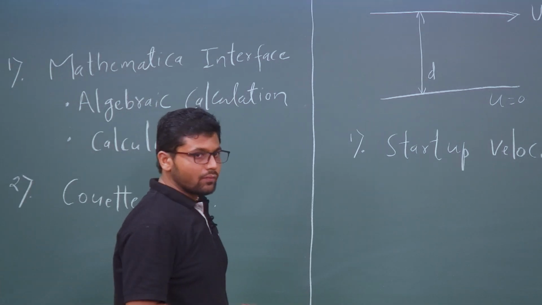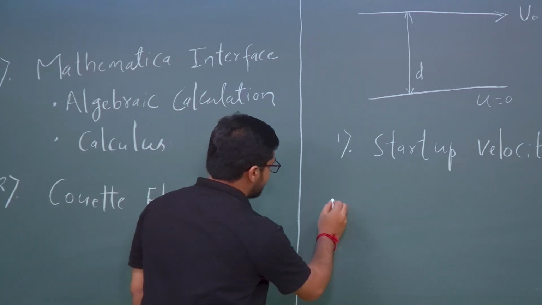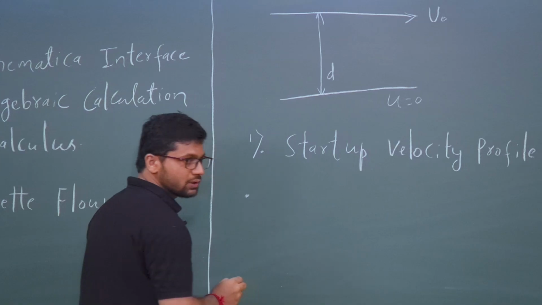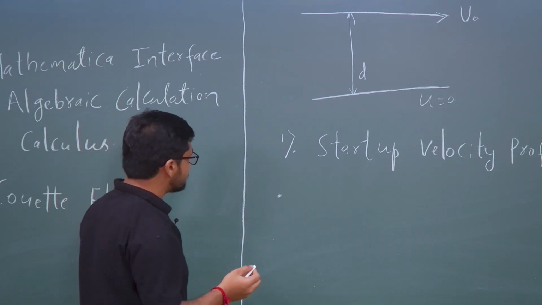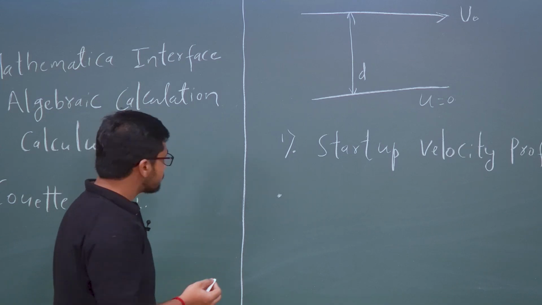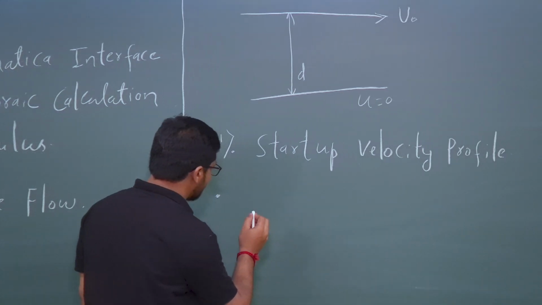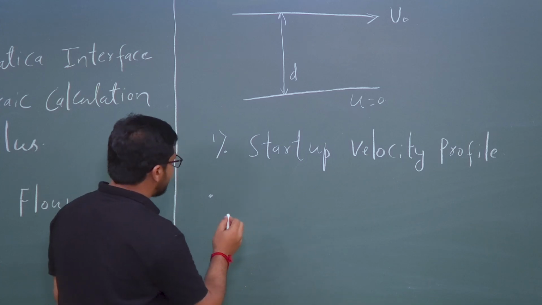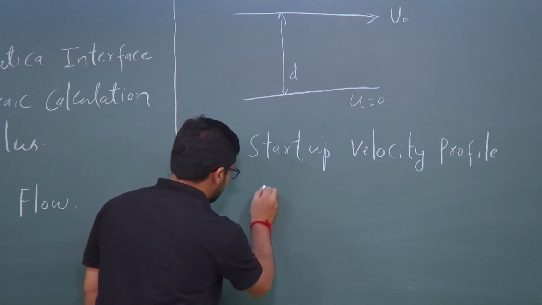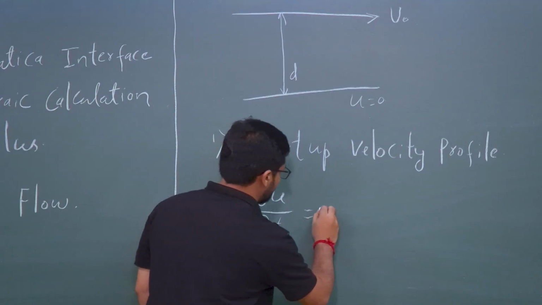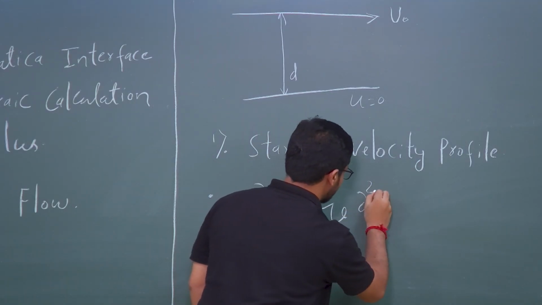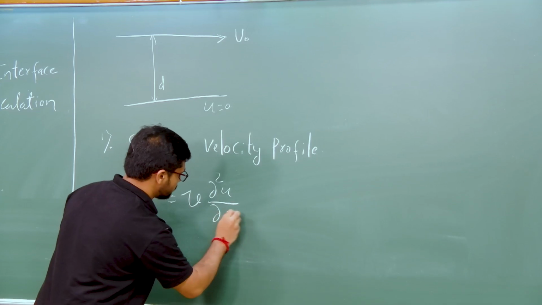Right. So, how do we proceed here? I will write only the steps because I hope that you would have done it already, and sir had done it for the Poiseuille flow. If you write the governing equation for the x momentum balance, you will get dou u upon dou t equal to nu times dou square u upon dou z square.